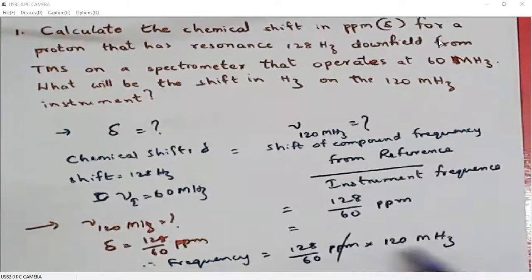So ppm and mega will get cancelled. So the difference is 256 Hz. So you can calculate this. This is how we can predict the delta value, and calculate the frequency if the instrument is operated at a different magnetic field.